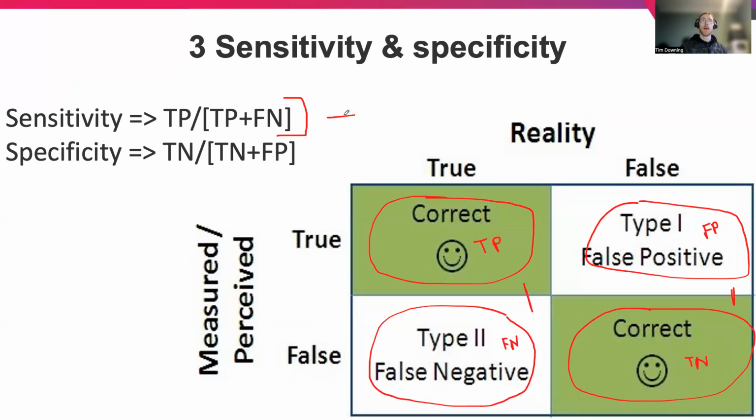So one is looking at the presence, the positive, for that particular item, and the other one is looking at the negative. So we need a test that actually has both of these things: sensitive enough to detect our effect, and also specific enough to distinguish that from effects that are not actually relevant to what we're looking at.